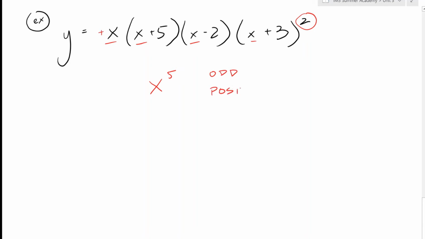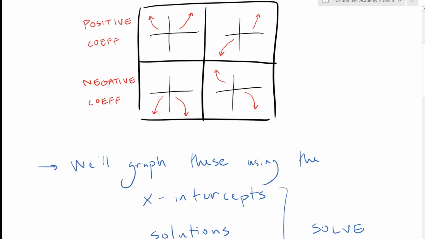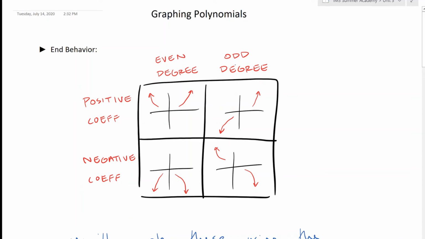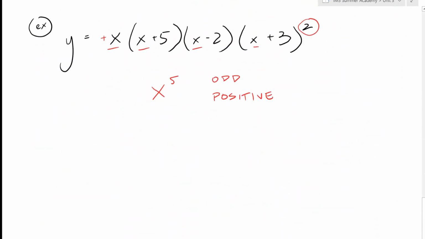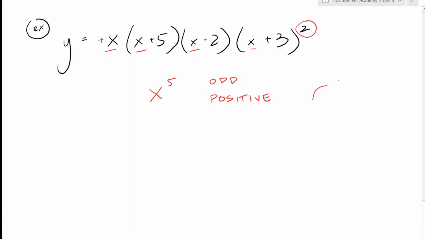Odd, positive. So let's look back up at our chart in the beginning. Odd, positive is this one here, where my arms are going from low to high. So end behavior, low to high like this. Twists and turns in between.